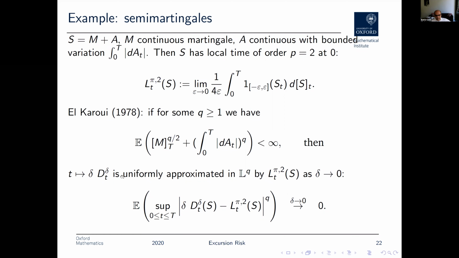It's not called like that in the paper, but it's the same quantity. I rewrite her result in our notations. So what she showed is that if you take a semi-martingale whose characteristics M and A are integrable in some L^q, then in fact it's even stronger than what we said before.